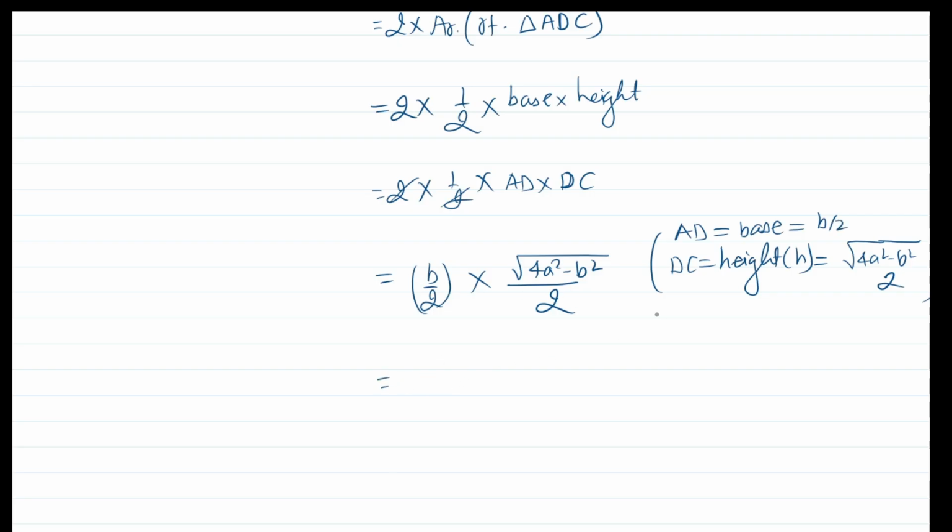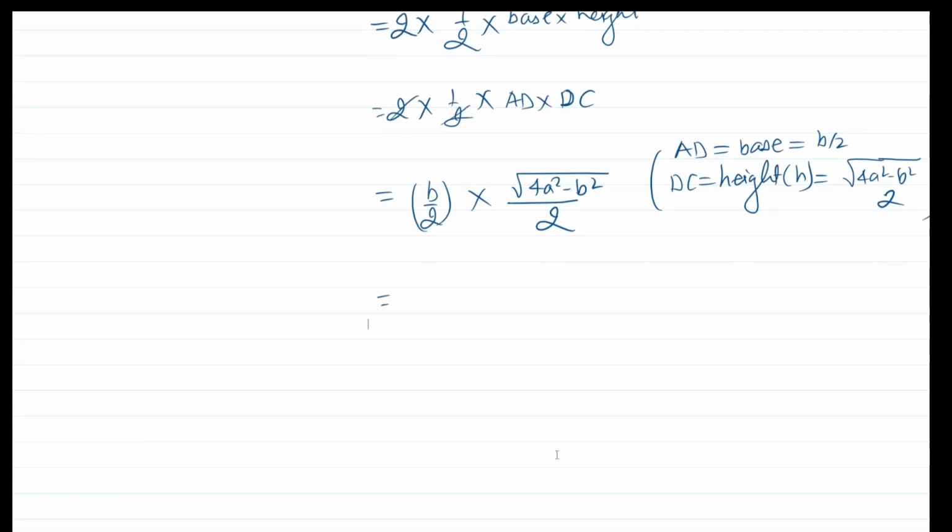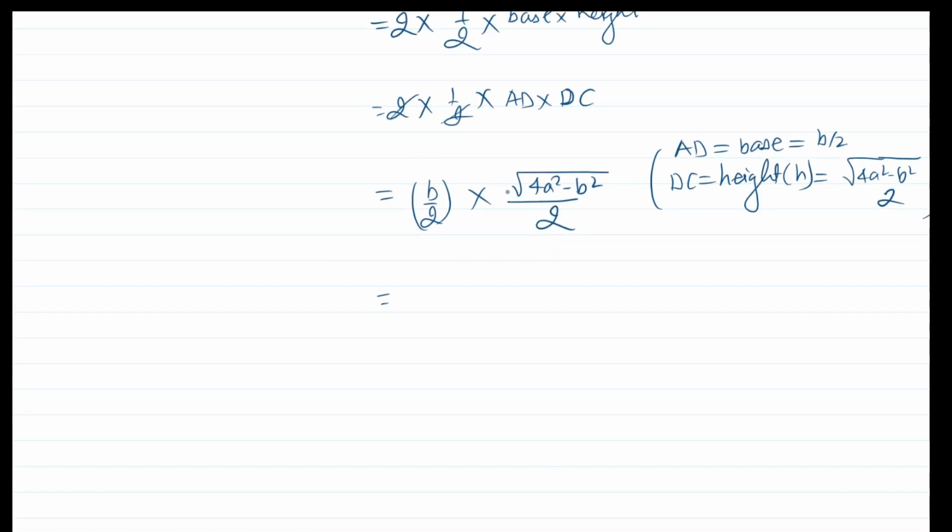So multiply numerator with numerator and denominator with denominator. b times this expression is equal to this, and 2 times 2 is 4. In algebra we know x times y can be written as xy or x dot y.